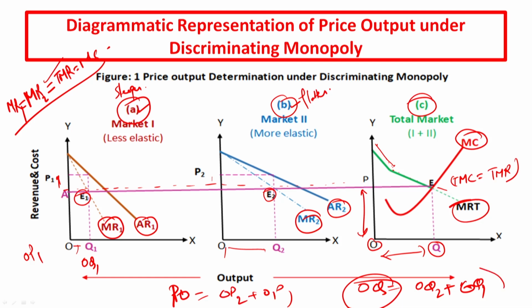So this is the equilibrium output for the entire market and this is the equilibrium price for the entire market, and you have divided the entire price and output between the various markets of the monopolist to get the maximum profit out of it.